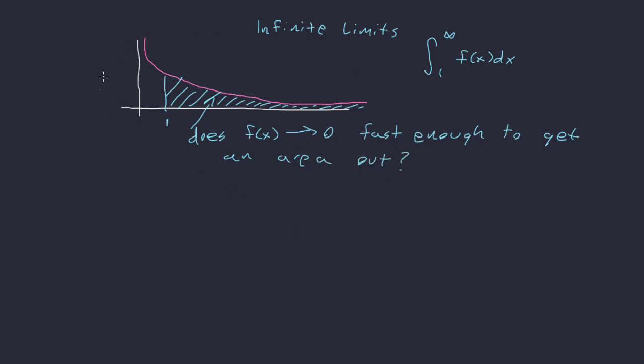Like here, maybe, it's hard to tell, but if I sort of redrew a new function and said, okay, it does this, it looks like if I looked at the area here, past this point is negligible. So let's look at some examples and see how we go about it, but it's pretty much the same way. You deal with this infinity somehow.